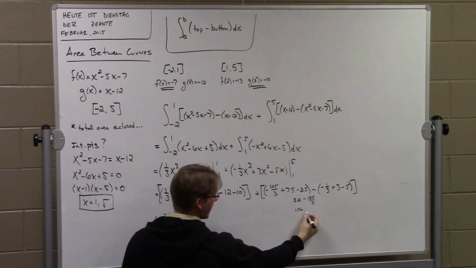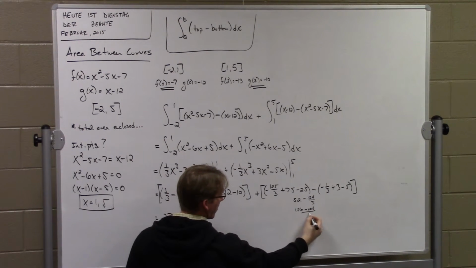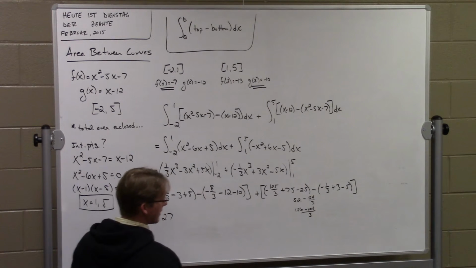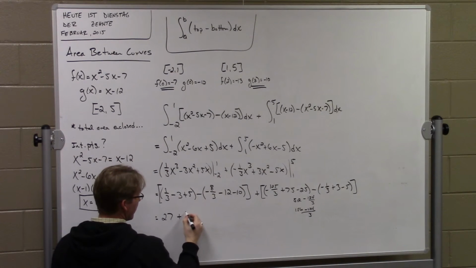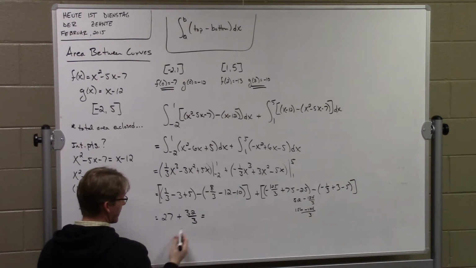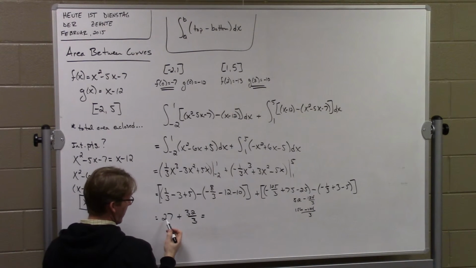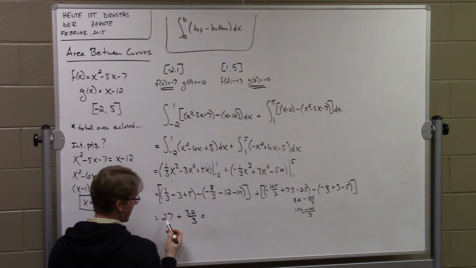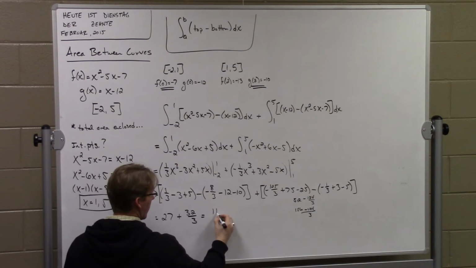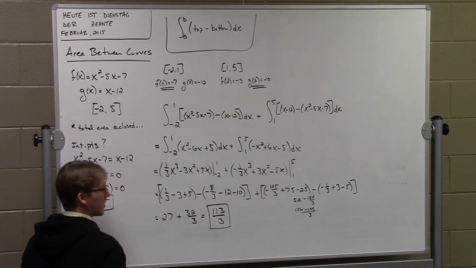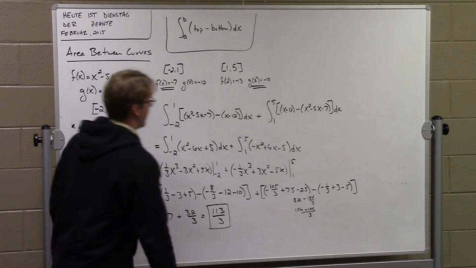Yeah. 156 minus 124 over 3, so 32 over 3. Okay, common denominator is again a 3, that's 81. 81 and 32 is 113, so 113 over 3. And I'll leave your arithmetic skills to the test if you want to check that.